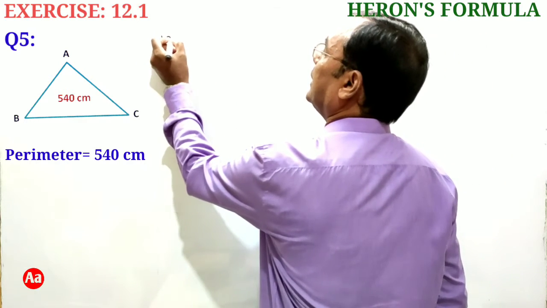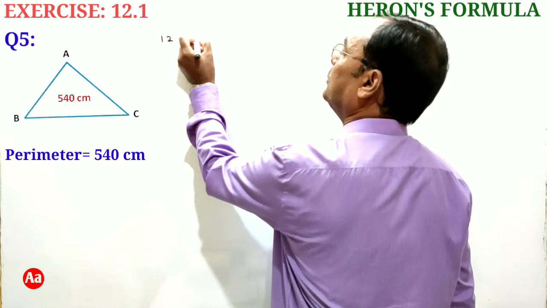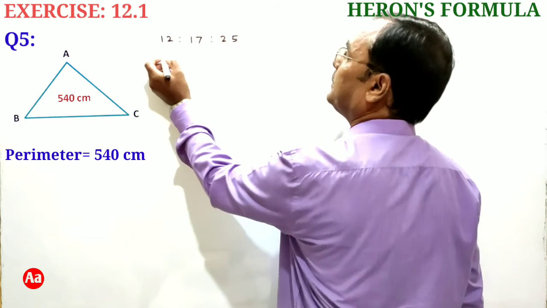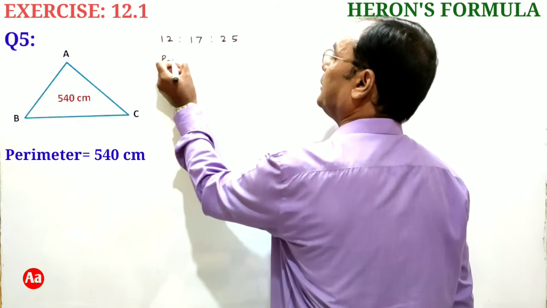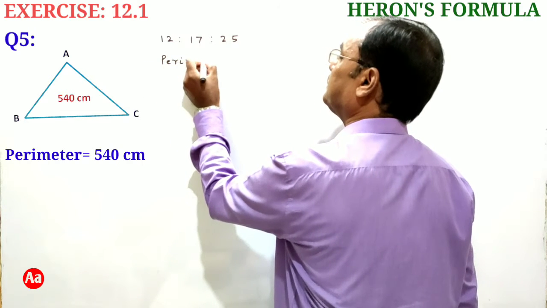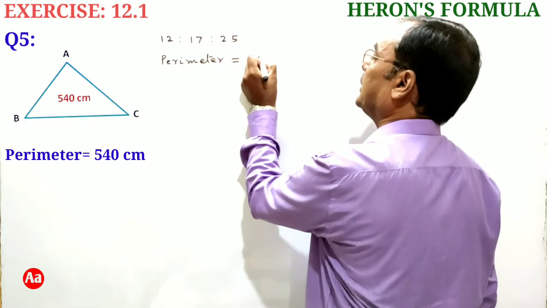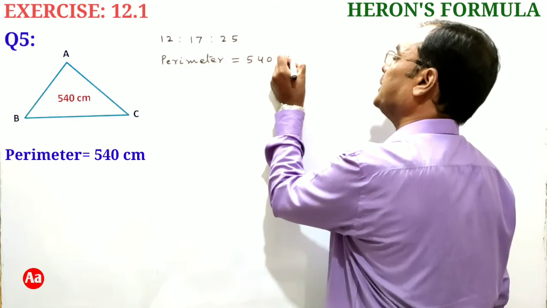The ratio of three sides is given, 12:17:25, and the perimeter of the triangle is given, 540 centimeter.